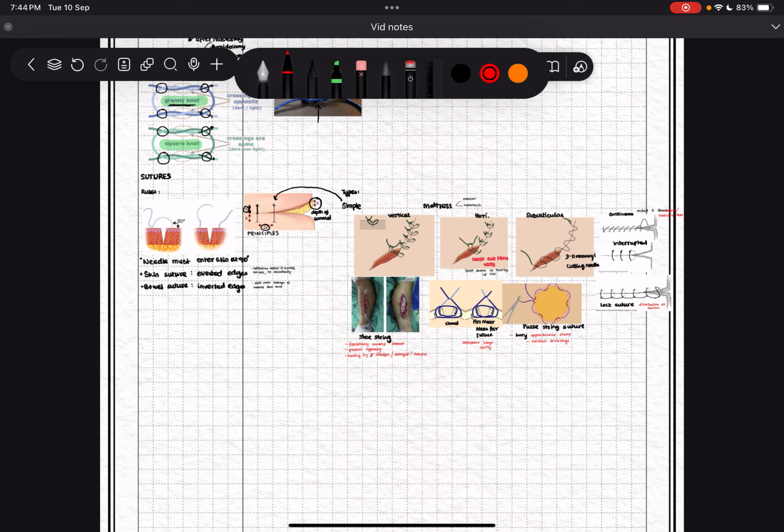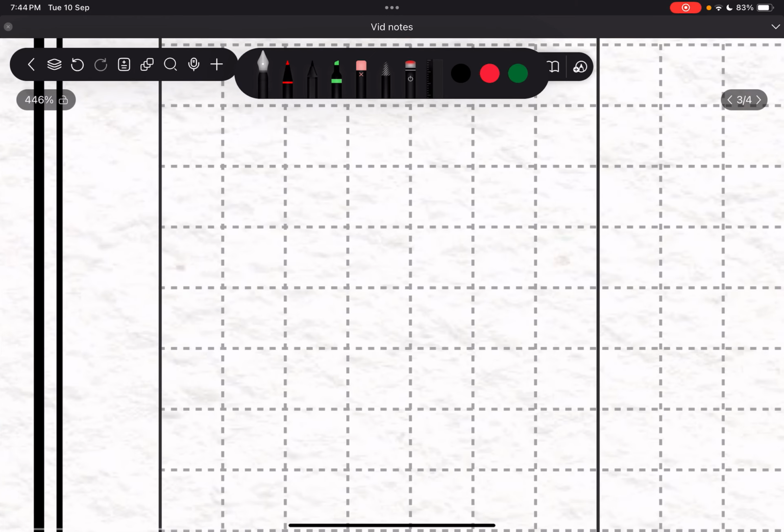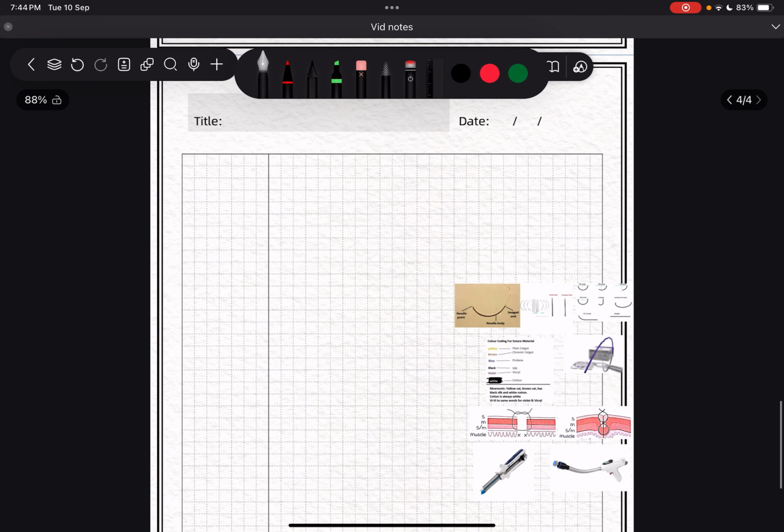Let us have a look at the needles first.